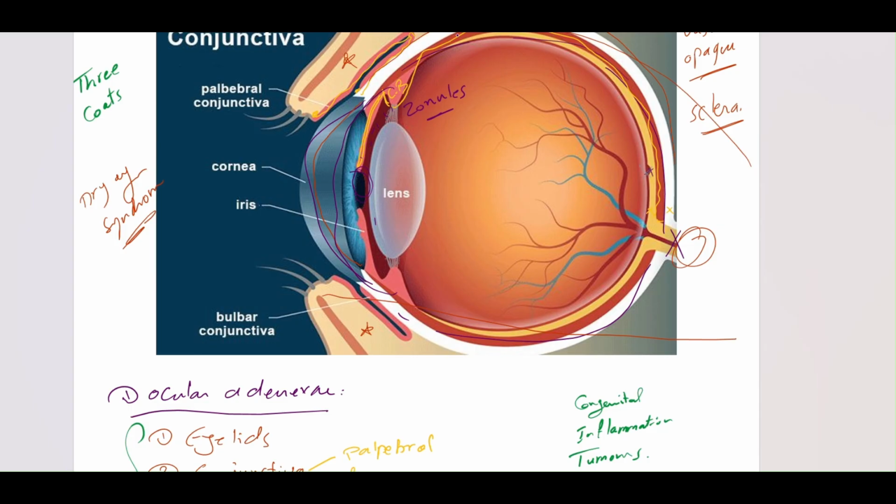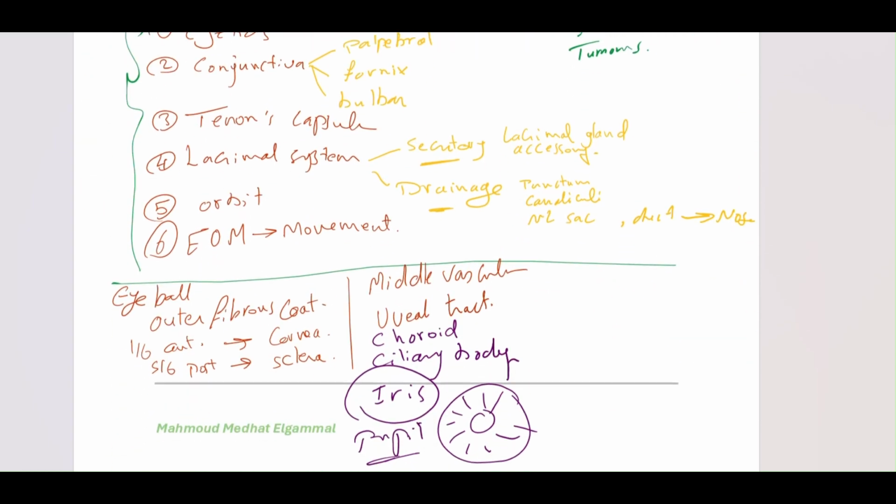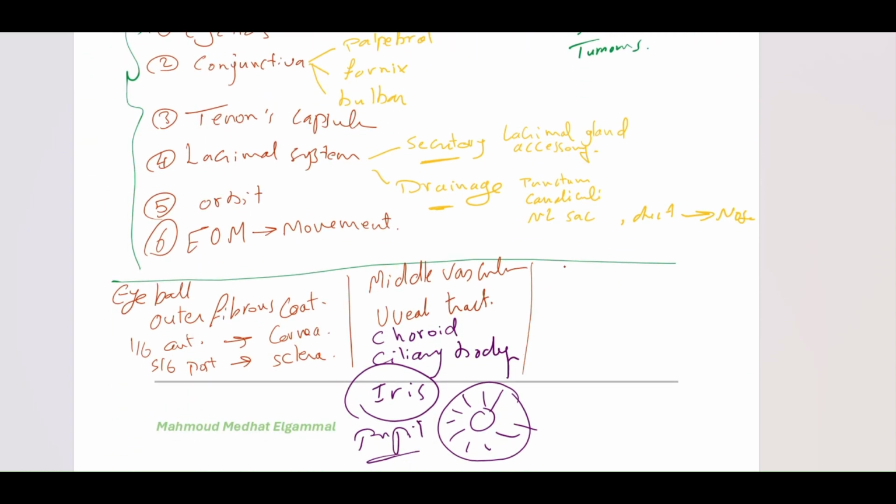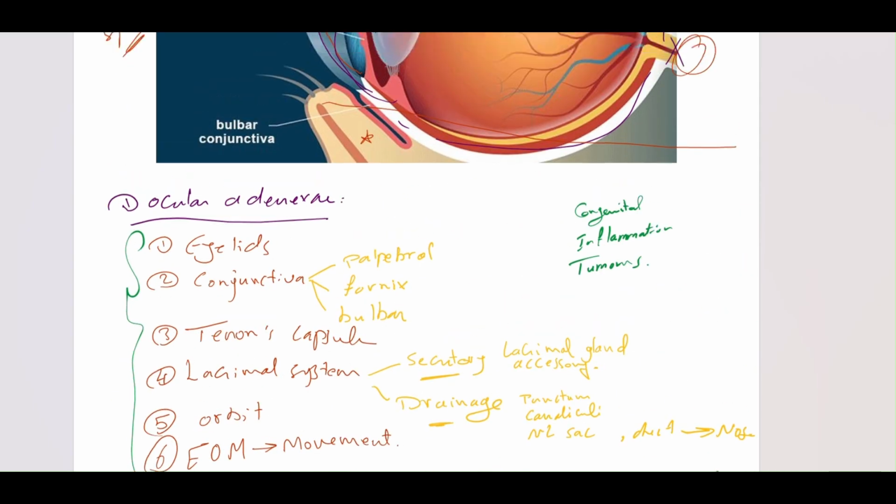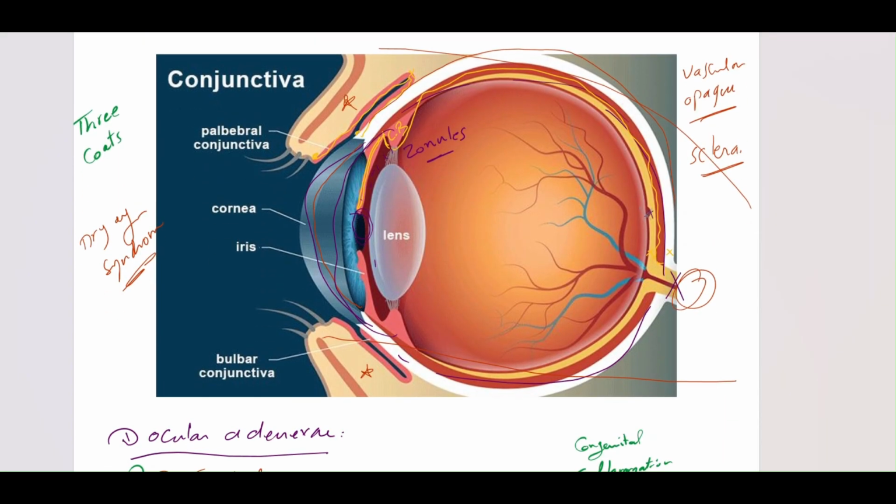The third coat is a neurosensitive coat. It's called the inner neurosensitive coat. This is the retina. The retina is lining the inner surface of the choroid, starting from here back to the optic nerve.